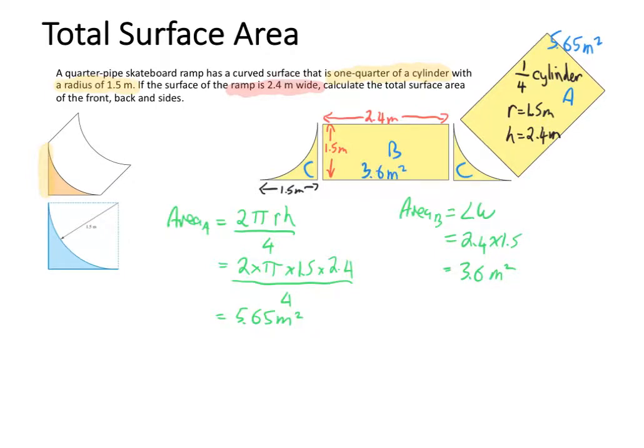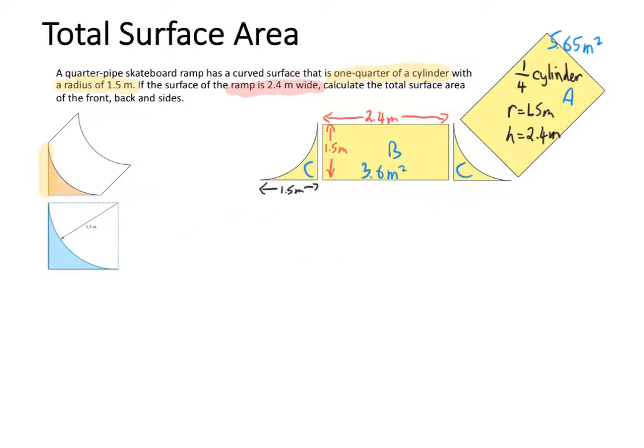So now I can have a look at how to calculate the sides of my skateboard ramp. So now I need to calculate the area of the side, so the area of C. And let's have a look at the best way to calculate that. Looking at the diagram that was provided in the question, we can see that the side of the skateboard ramp is a right angle that is joined by a curved part.